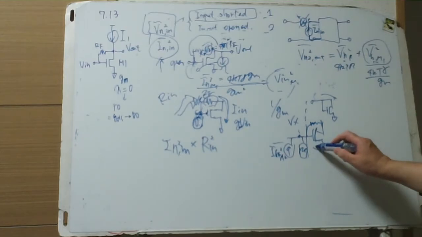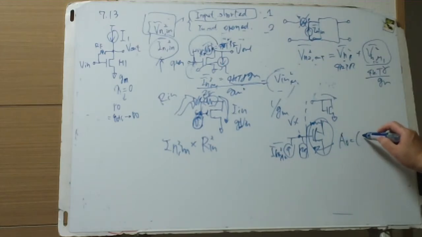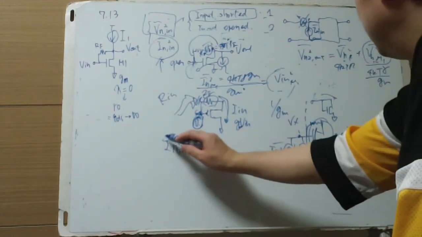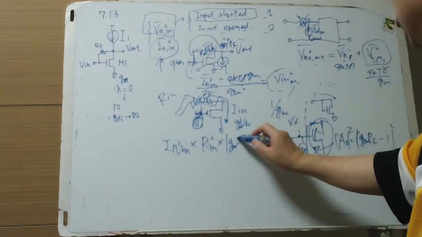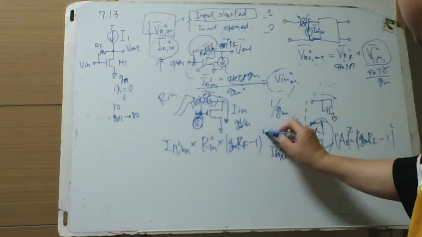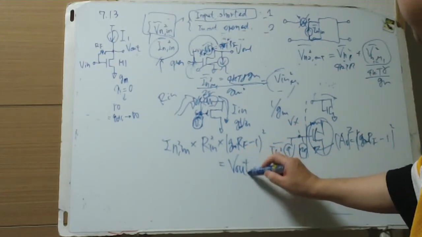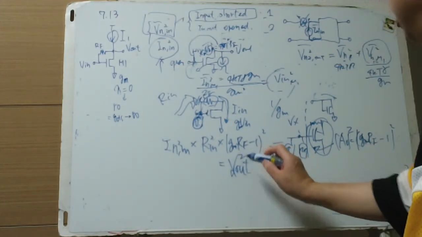There is a voltage gain. The transfer function is the absolute value of AV, equal to GMRF minus 1. So V in power times (GMRF minus 1) squared equals Vn out squared.